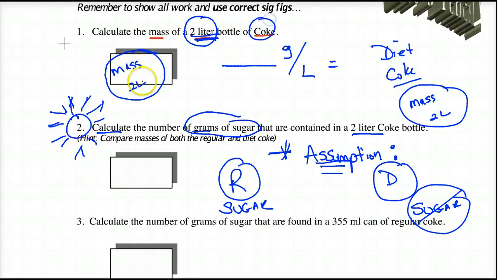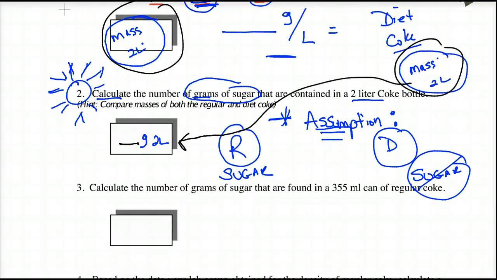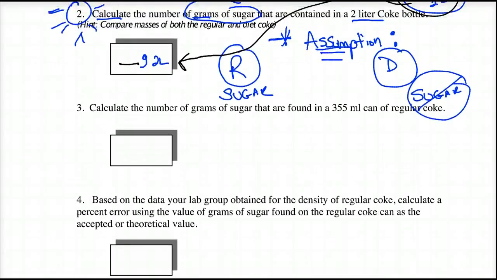Well, if they have the same ingredients except for the sugar, then all you got to do is subtract these two. And when you subtract those two, you're going to get the grams of sugar for a 2-liter bottle of Coke. So this one minus this one would give me this grams of 2 liters. Very simple premise, but we're going to test that validity.